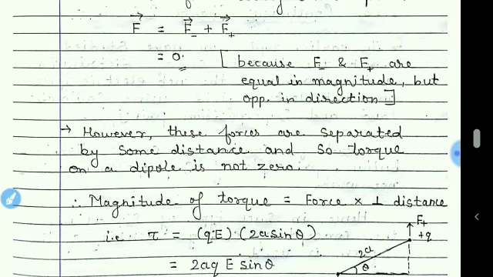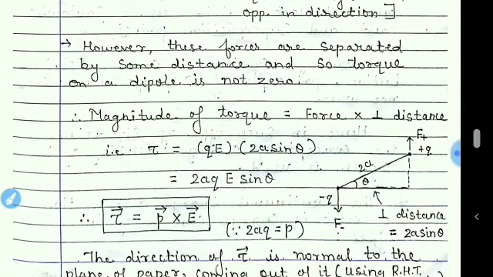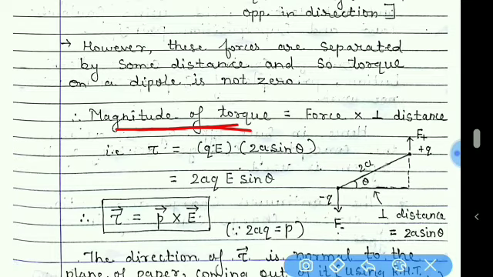So here the torque acts on the dipole, and according to the definition, the magnitude of torque is nothing but force into its perpendicular distance. We have studied about torque in 11th standard.